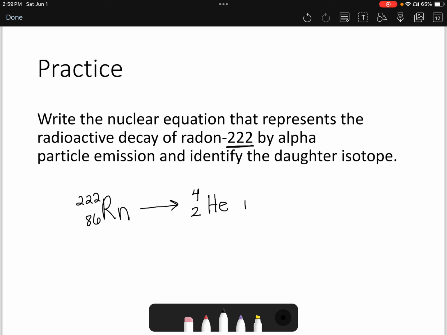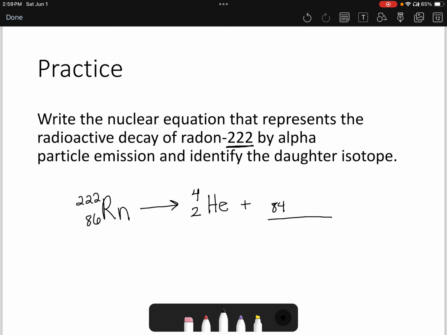And now we need to figure out what the daughter isotope is. So if radon loses 2 protons, let's see, that would end up leaving us with only 84 protons. So we're forming an entirely new element here because remember, the number of protons defines the element. So which element is number 84?